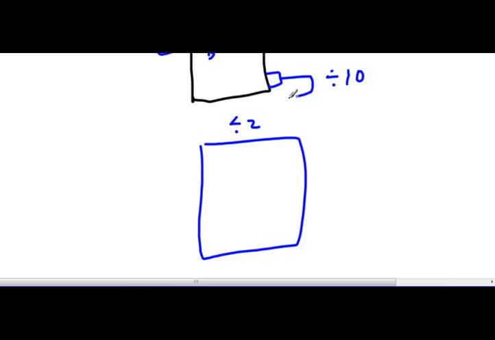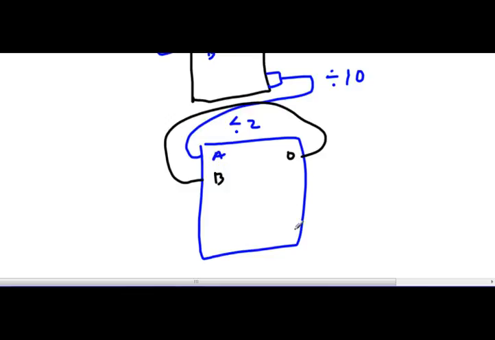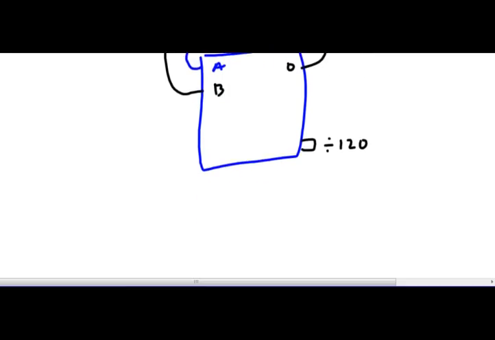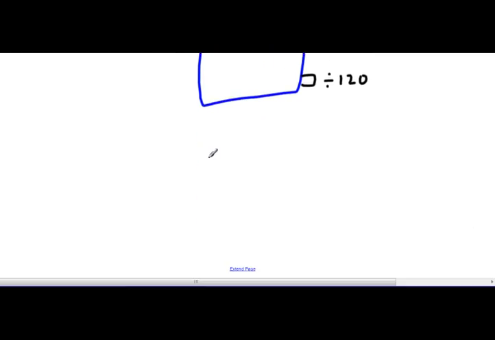I bring this signal into the A input. I hook the 0 output into the B input, and now I've got a divide by 120. So now I only have 4 to go, so I'm going to get 4.